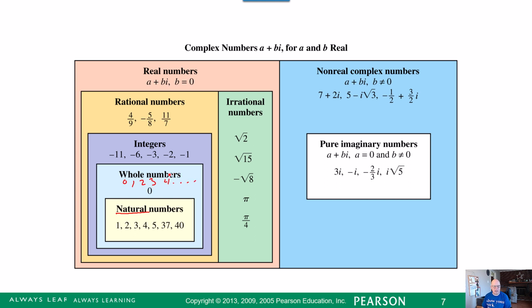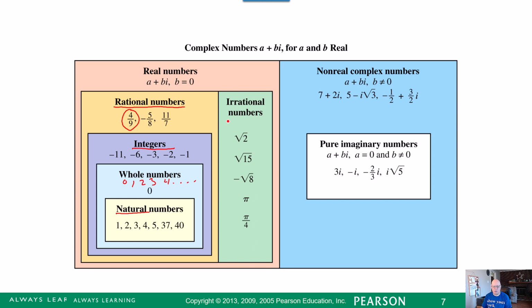If you throw in the negatives or the opposites of each of those with the whole numbers, then you have the integers. We're just building on that. Then if we throw in what we call fractions, what are rational numbers, we've expanded a little bit further. But we've still left out a bunch of other ones.